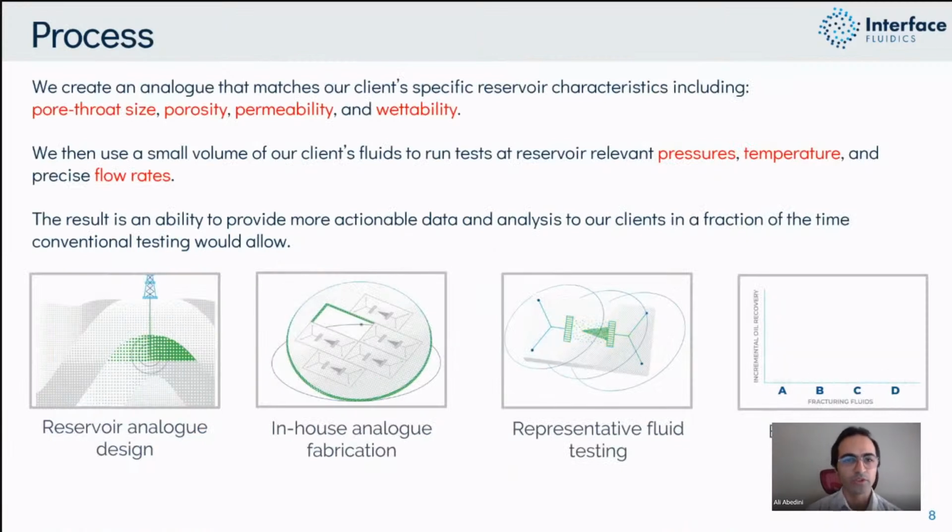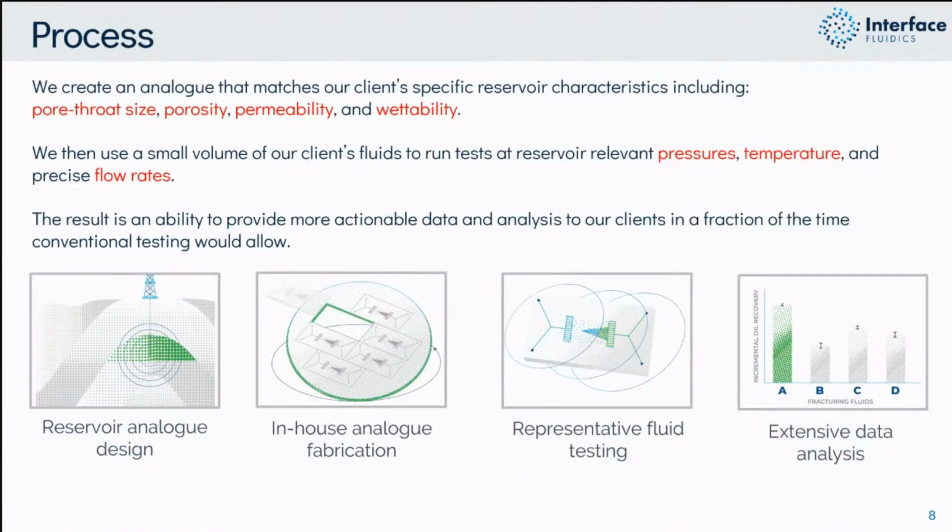Delving more into the process, how we do our experiments and testing. The first step is the reservoir analog design. In this step, we use the information from the reservoir. We typically use the pore throat size distribution and grain size distribution, basically the MICP data, porosity and permeability, and also the wettability of the rock.